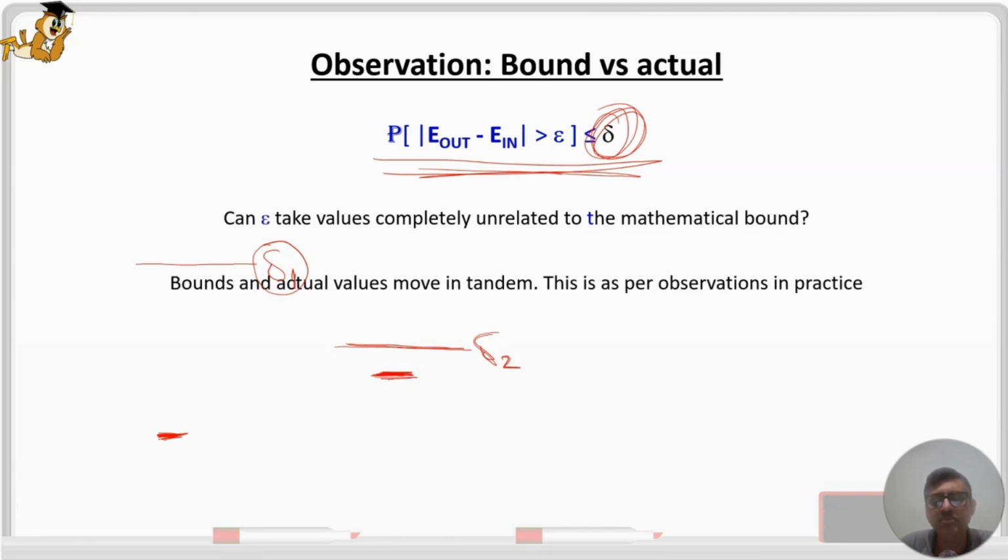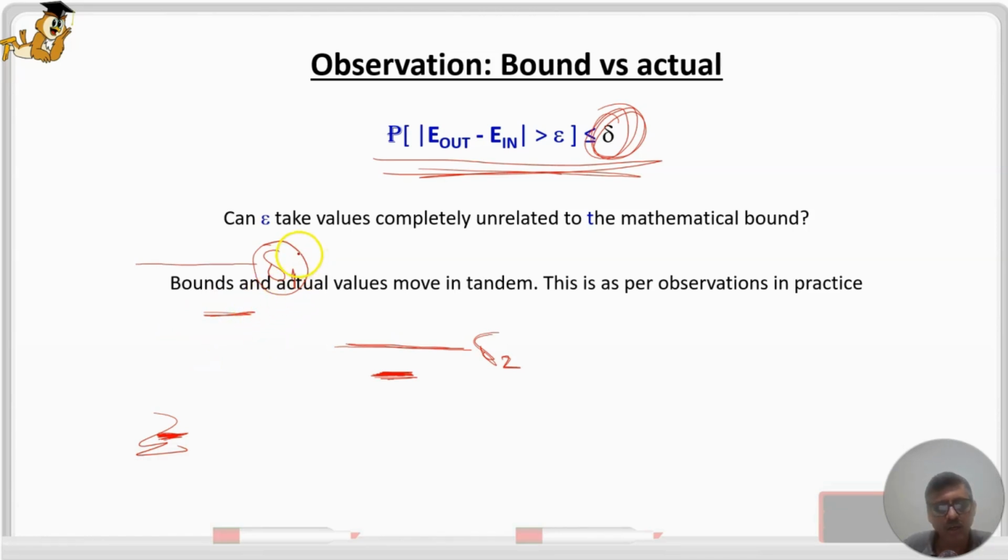The practical observation of people who have worked in this area suggests that the actual values move in tandem with the bounds. So if your bound was tighter, you will observe that E out and E in are likely to be closer to each other, and if your bound was looser, meaning more generous, your E out minus E in would be that much larger.